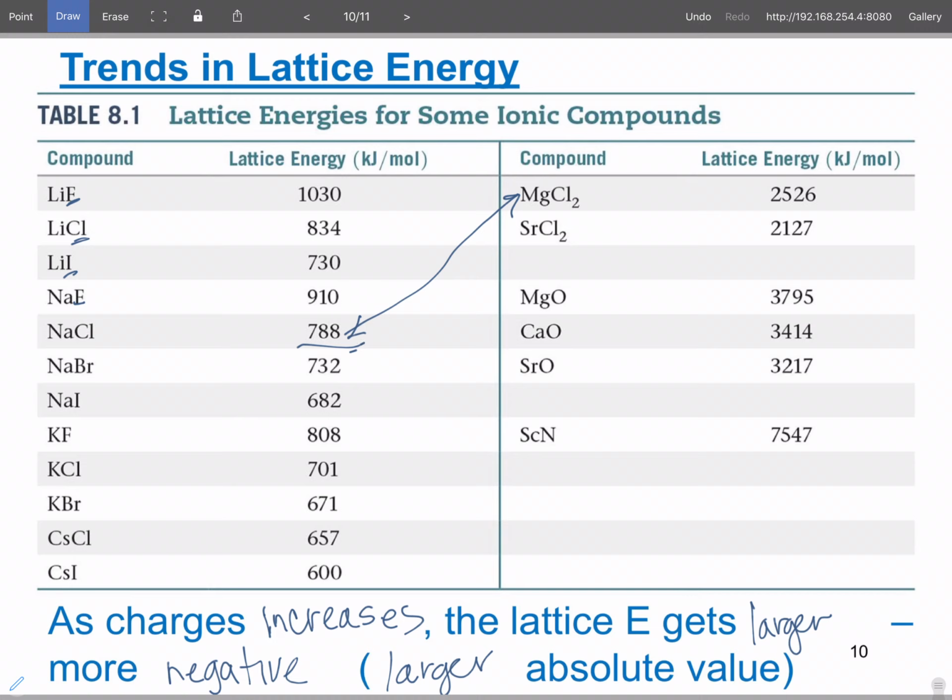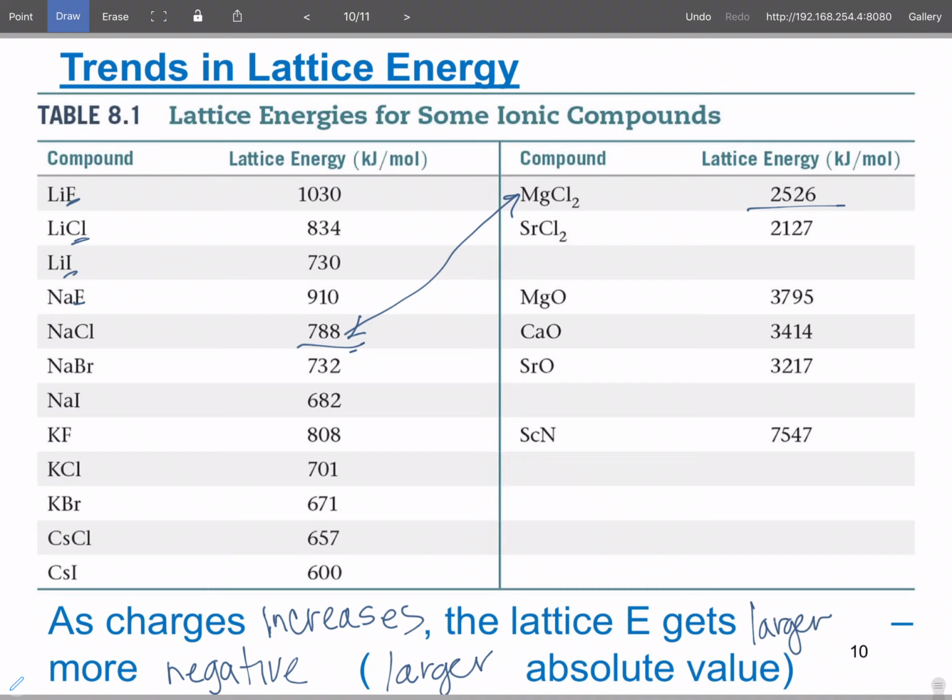Notice that the energy gets tremendously larger once you've got a larger charge. So calcium and potassium are the same. So wait, they've got strontium. Why did they do strontium? So strontium is much larger. So strontium is the same as rubidium. So this is strontium chloride. Do they have rubidium chloride? They didn't put rubidium chloride in here.